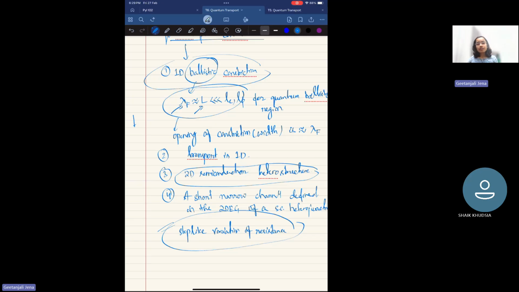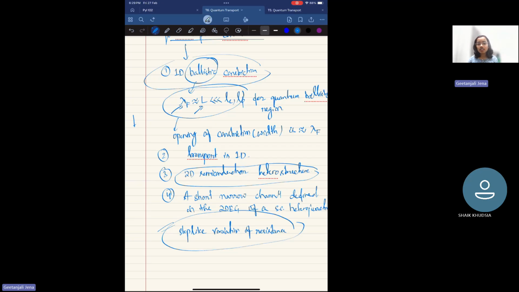If you recall, in diffusive transport we have seen weak localization because there is coherent backscattering of charge carriers. Without a magnetic field, there is a non-zero probability that the electron will return to its original position.